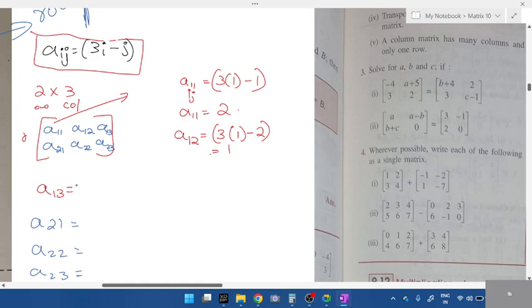Okay, completed. This type of question, they won't give you the matrix. We need to find the elements. They'll just give you the order of the matrix. It's just the reverse, students. They'll give the order of the matrix. We have to find it using the formula. We need to find the elements.